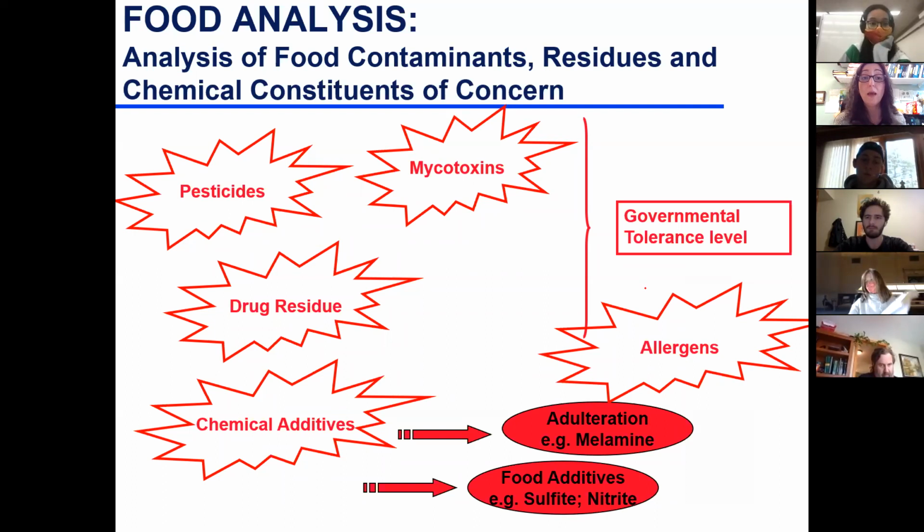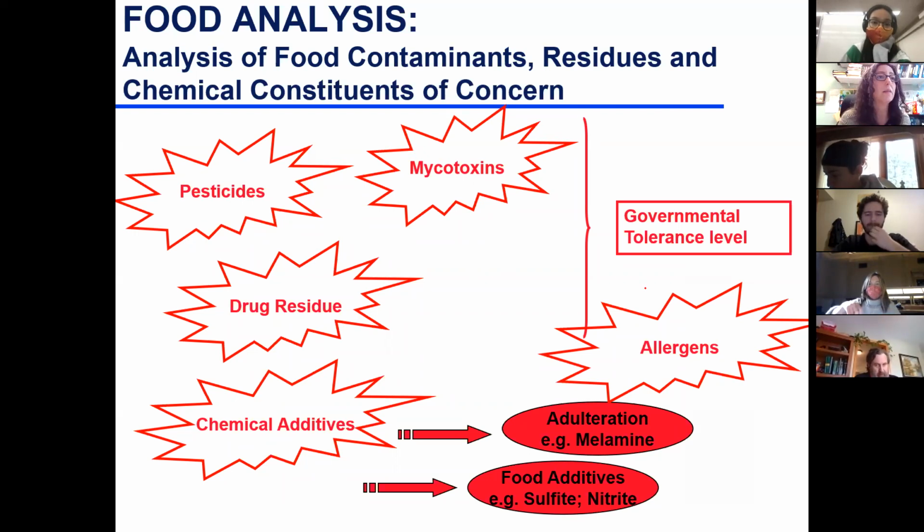The EPA, the Environmental Protection Agency, sets these levels. That agency determines what would be a tolerance level, and then the FDA and the USDA enforce it, making sure that everybody follows it. The big categories are pesticides, antibiotics, mycotoxin, allergens.